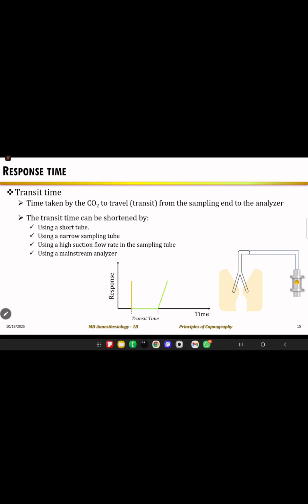We can reduce this transit time by using a short tube, a narrow sampling tube, using a high suction flow rate in the sampling tube, or using a mainstream analyzer, which we'll be discussing later. Okay, so this is the transit time.